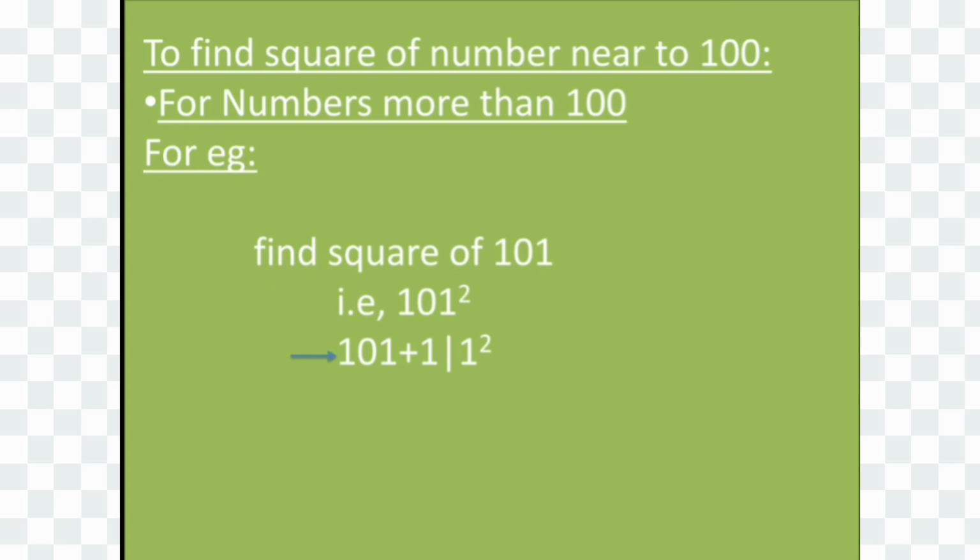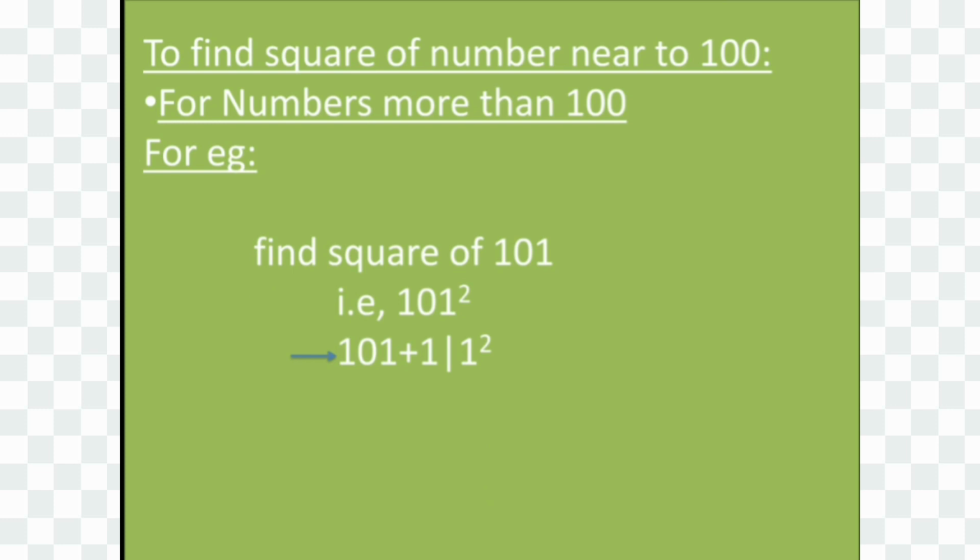So in the before case, if you observe, we have subtracted the difference of the given number and 100 from the given number. So here the given number is 101. Since it is more than 100, we are going to add the difference of 100 and the given number.